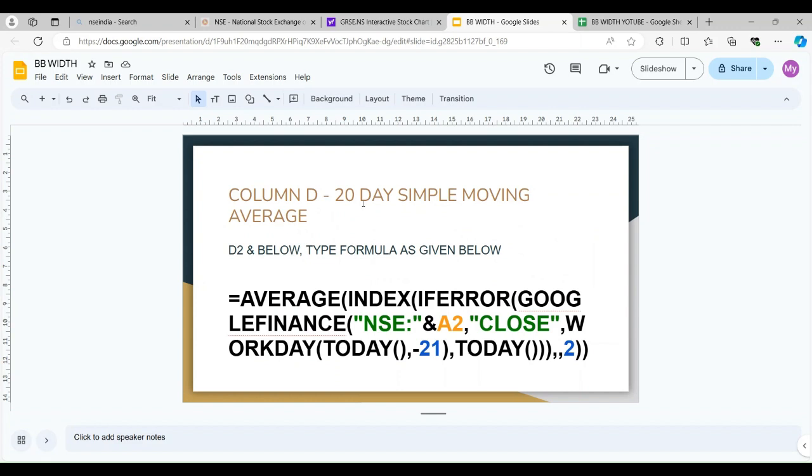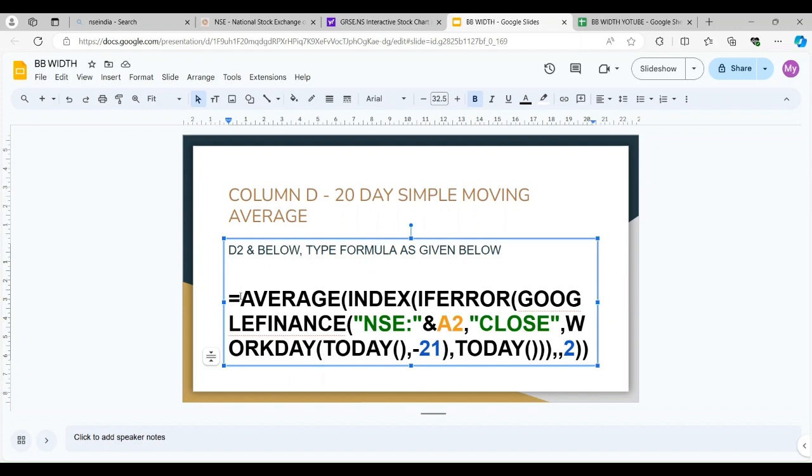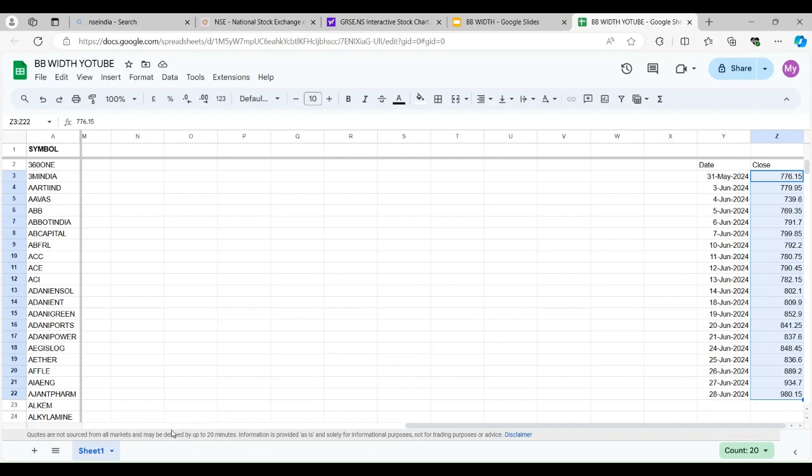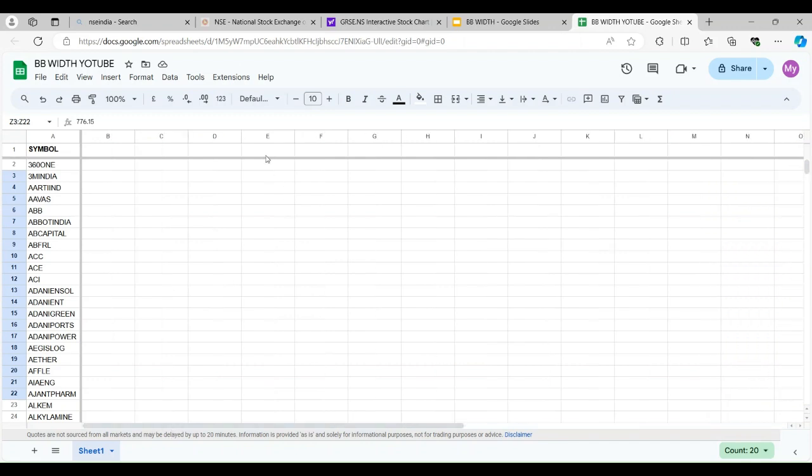Now column D, 20 days simple moving average. So here, again take screenshot of this formula. First I'll come to column D, 20 day moving average.